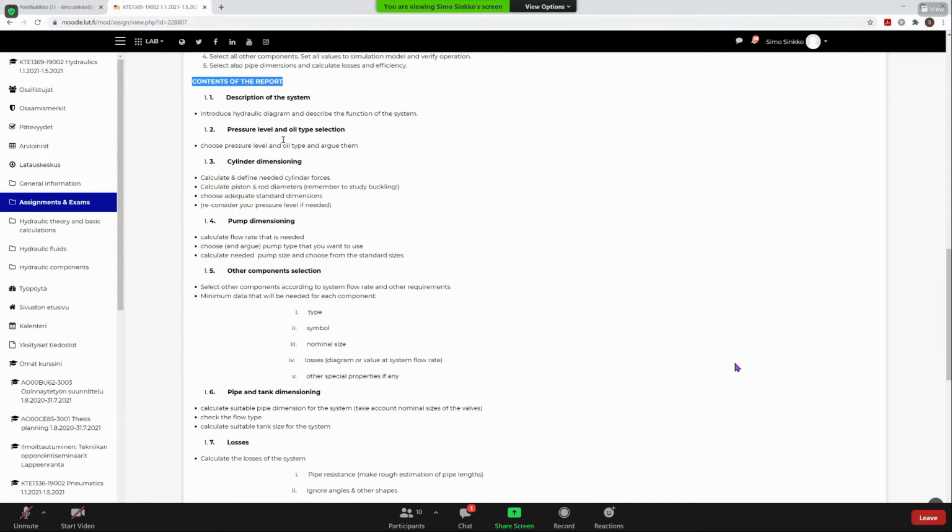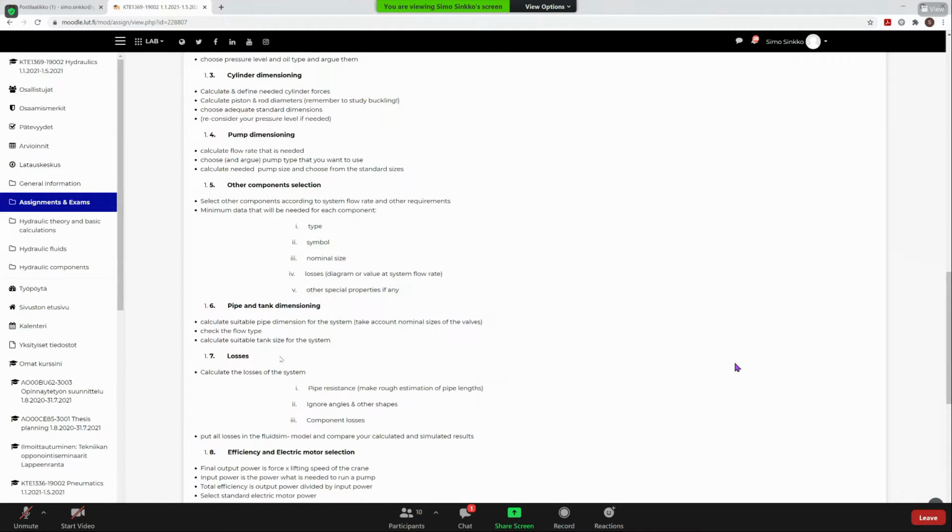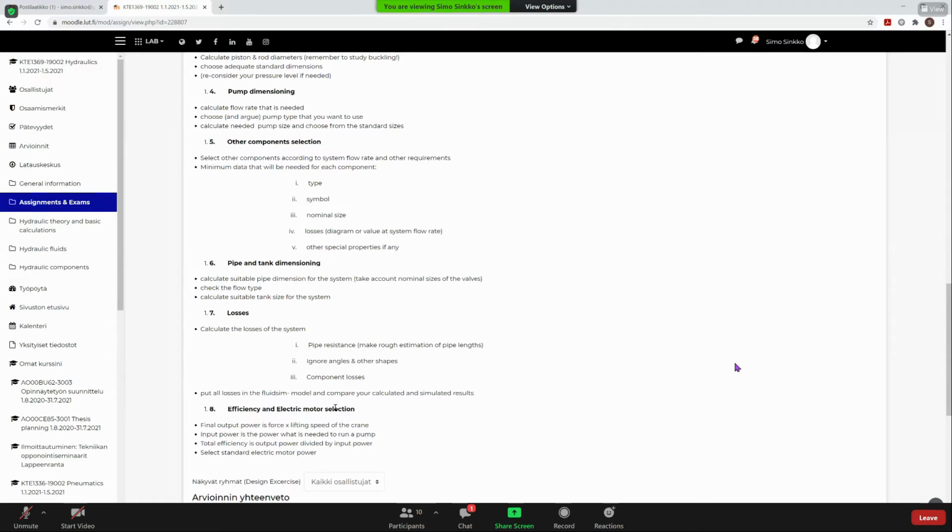It should follow these topics: description of the system, pressure level and oil type selection, cylinder dimensioning, pump dimensioning, other component selection, pipe and tank dimensioning, losses and efficiency, and electric motor selection. Here, electric motor selection means only that you have to calculate how much power you need from the electric motor.